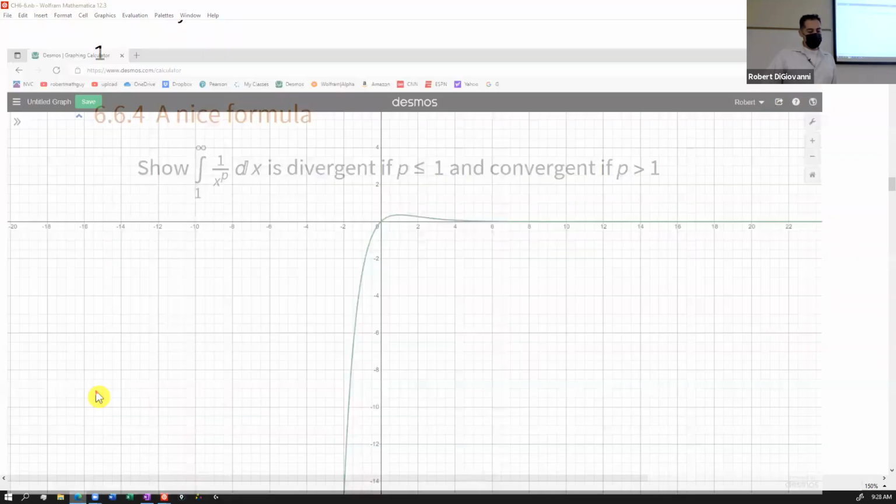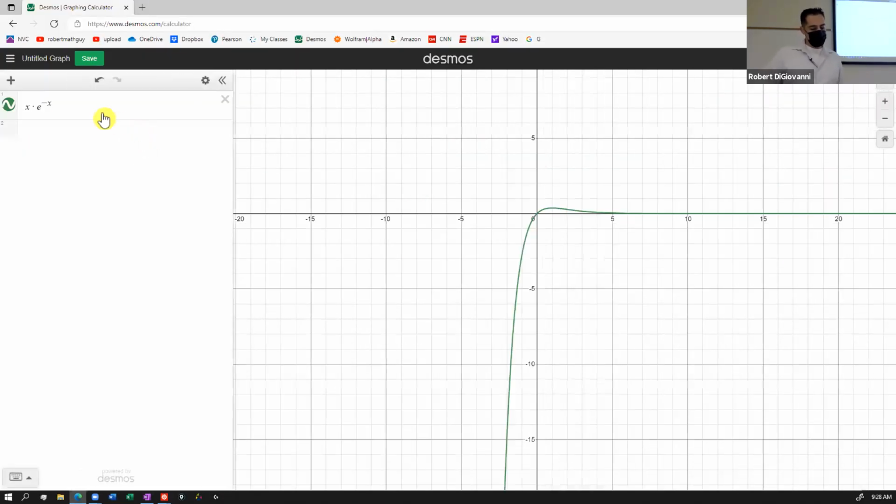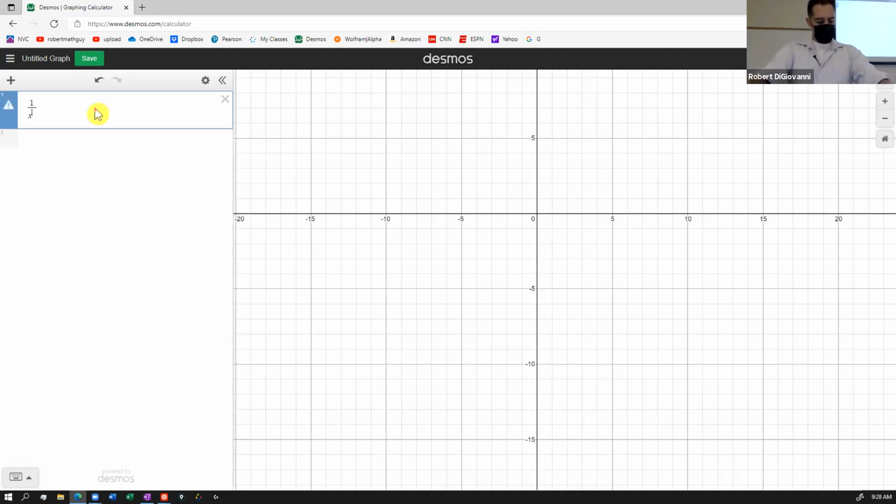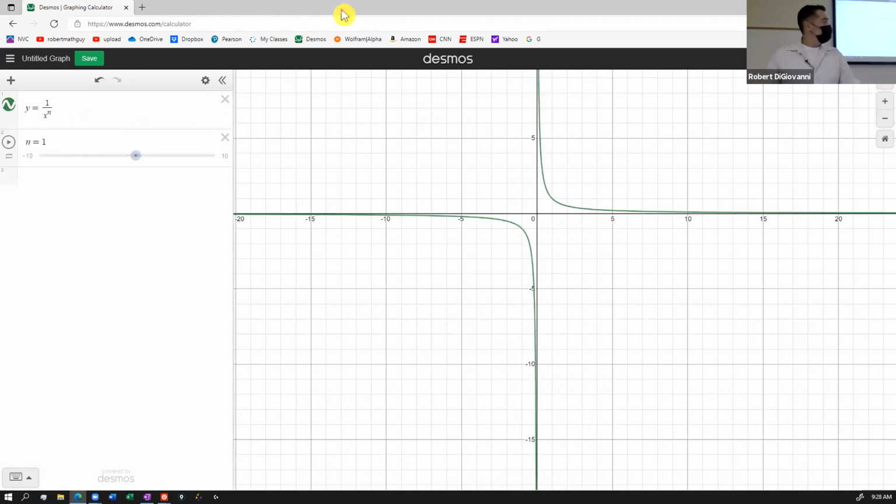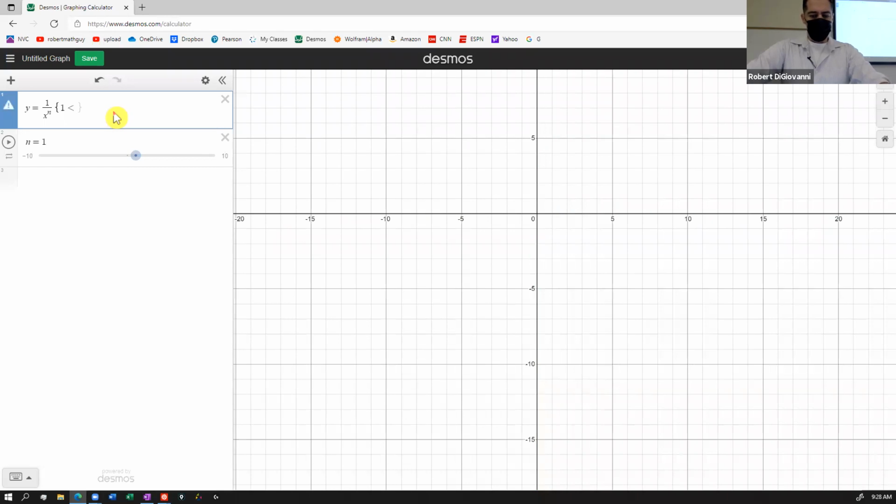So let's take a look at that visually here. Let's say we do just 1 over x to the n. I want to graph y equals 1 over x to the n, only from x greater than or equal to 1.